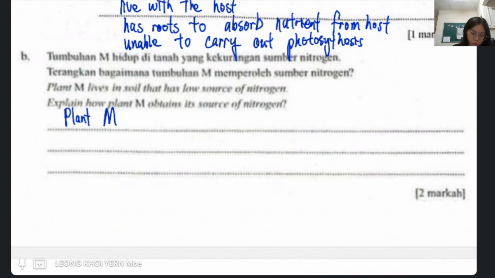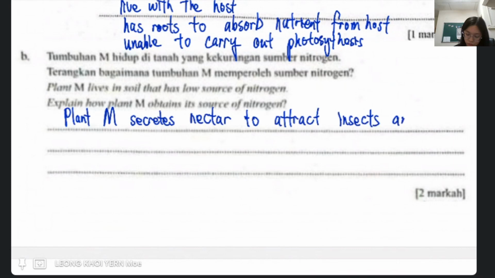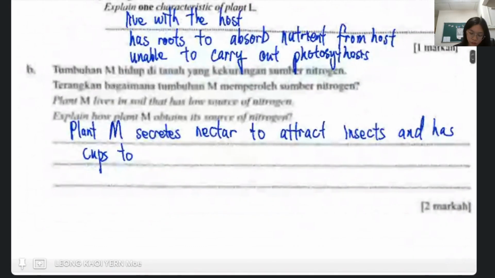Because they want to trap the insect, and it has cups, this is called cups, to trap insects.